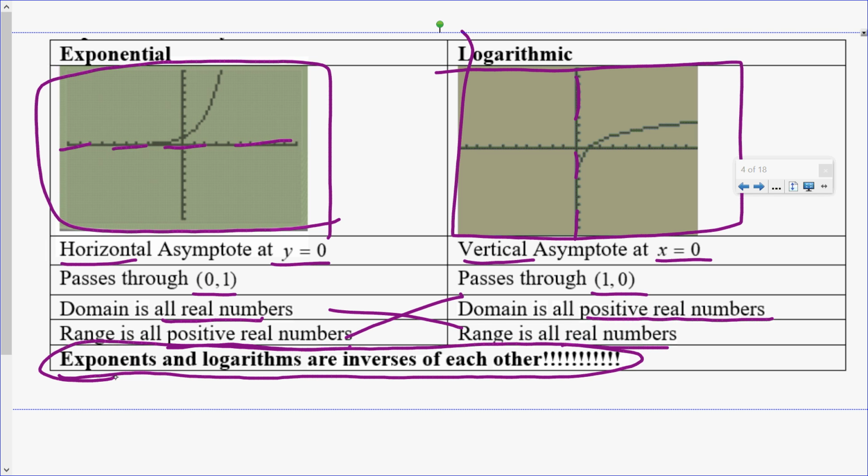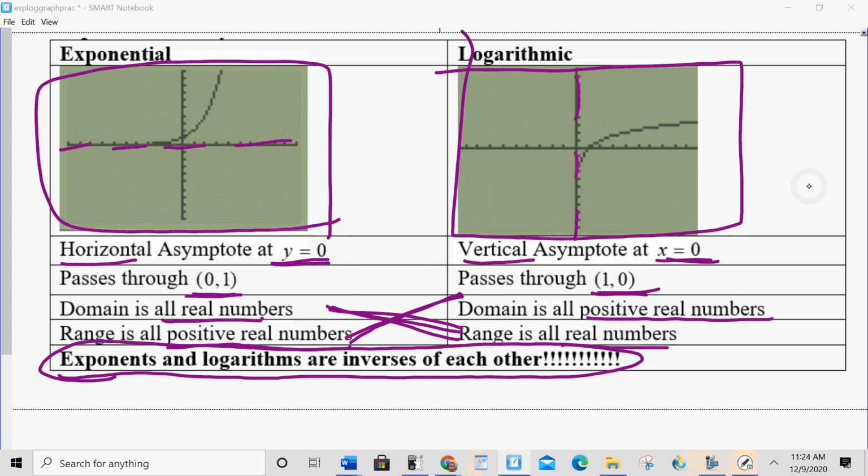Exponents and logarithms are inverses of each other. That's why, for the graphs, everything is opposite. Y equals 0 for exponential, x equals 0 for logarithmic. 0, 1 for exponential, 1, 0 for logarithmic. The domain is the range. The domain of exponential is the range of logarithmic. The range of exponential is the domain of logarithmic because they're inverses of each other.